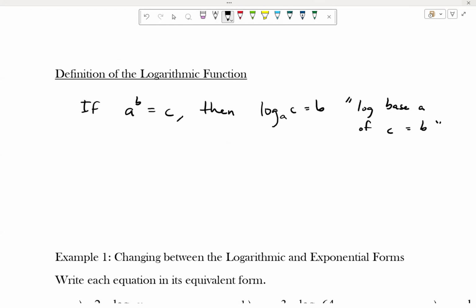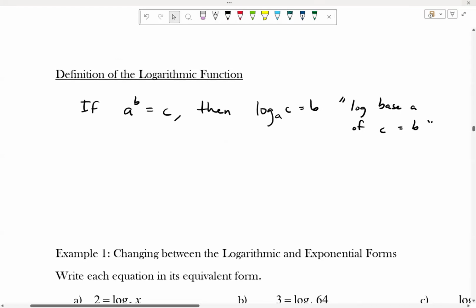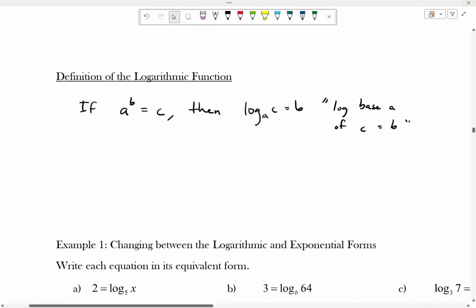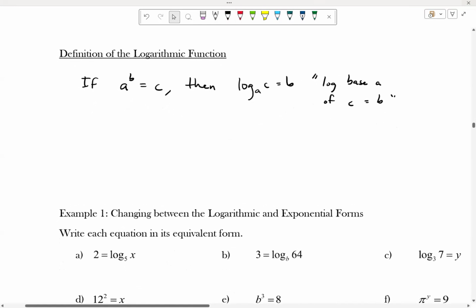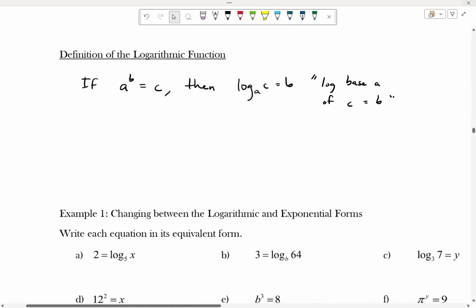I want you to notice if you're typing, log, c, and b would all be in a single line. The only thing that'd be different is the base, whatever the base is. And this is just the definition of logarithm. I think it suffers from just a boring name, like logarithm. It sounds so serious. It's just an exponential equation mixed up.